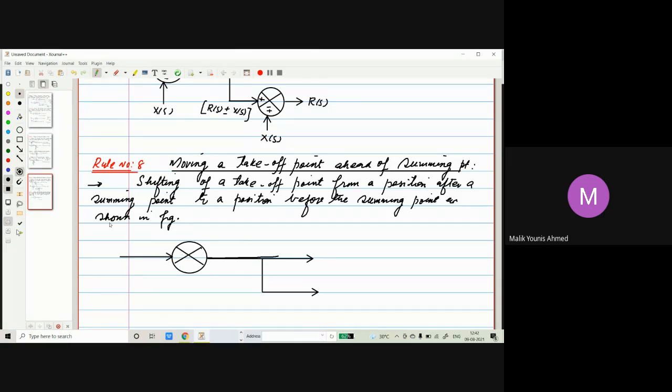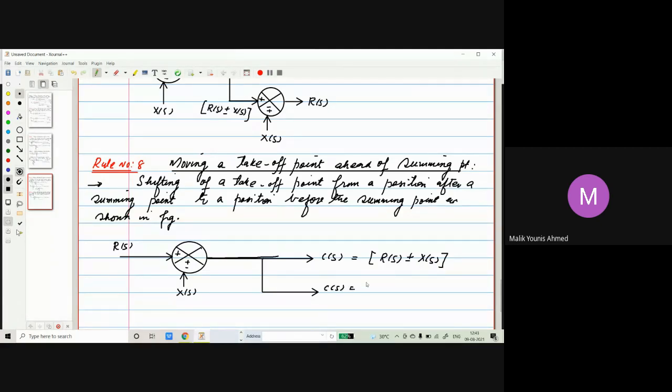Okay, so we can see here what's happening. This is input as usual, R of S, and this is plus and plus minus, another signal coming from here, X of S. So output as usual is going, in both cases the output is same, that is R of S plus minus X of S, and this output is also same.